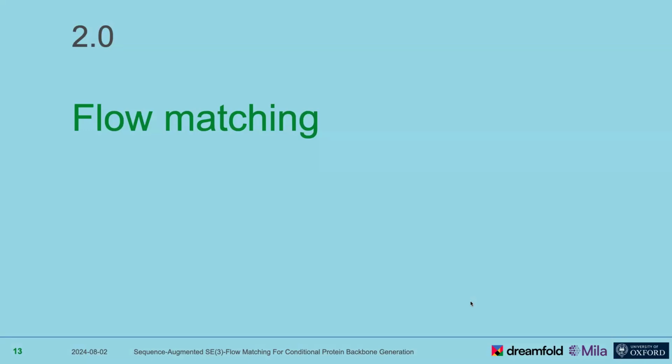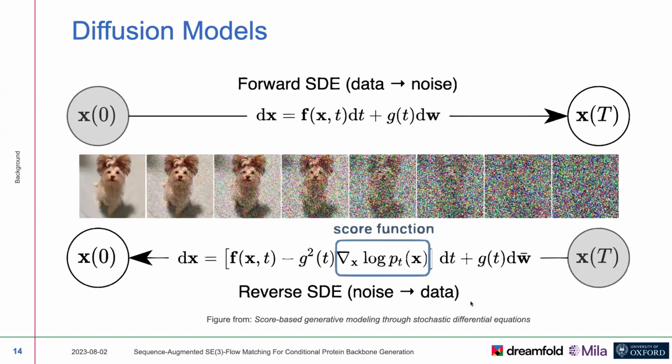Now we'll just quickly review flow matching. We won't go too much into the details, but just give the essential idea and how we train these kinds of models. Maybe just a quick reminder on diffusion models, because they are closely related. The main idea of a diffusion model is that we want to generate from a given data distribution.